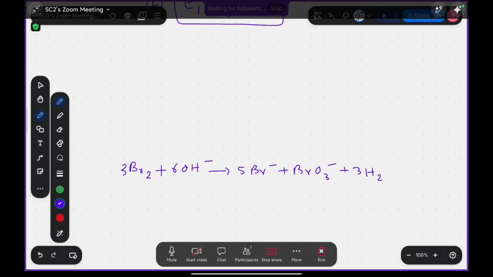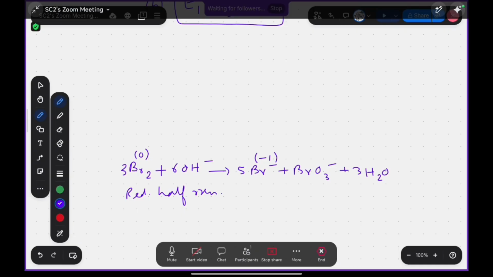This is the balanced equation given to you. Bromine goes from 0 to minus 1. Now first let's write the reduction half reaction. You can say, ma'am, the reaction is already balanced, why do we need to balance it again? You don't have to balance, you just have to find the N factor.